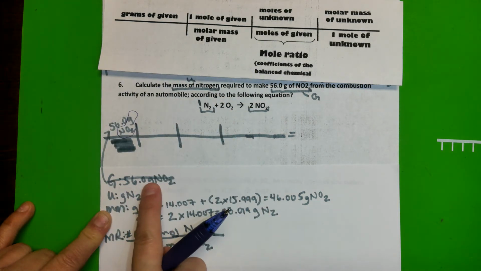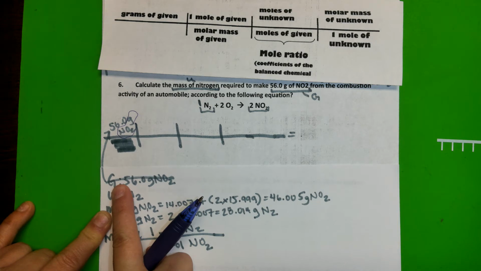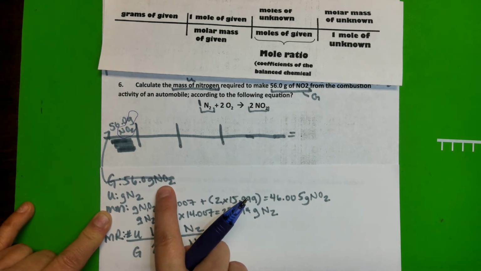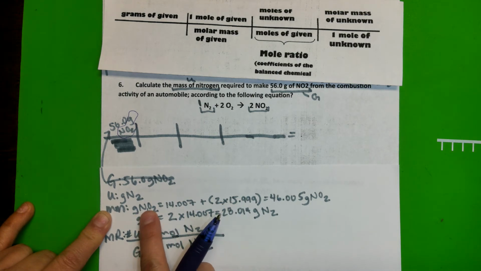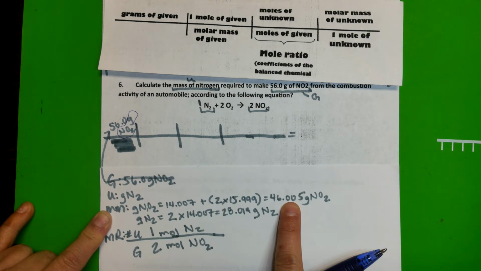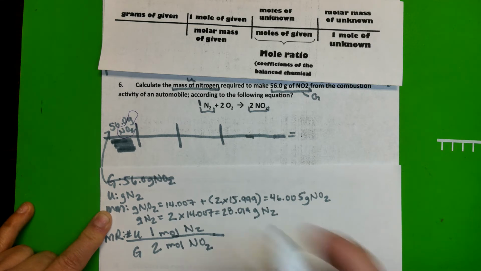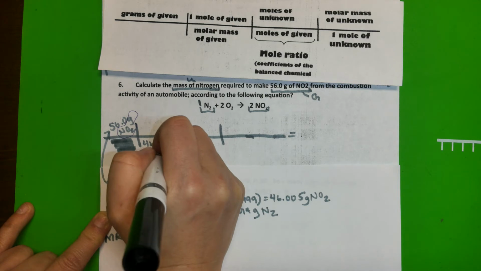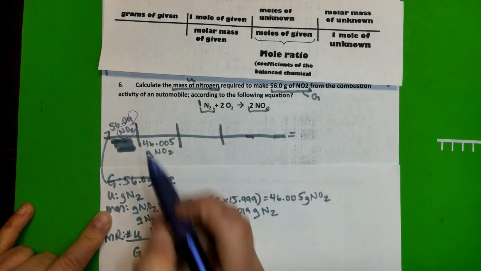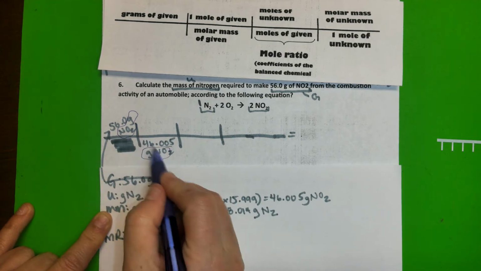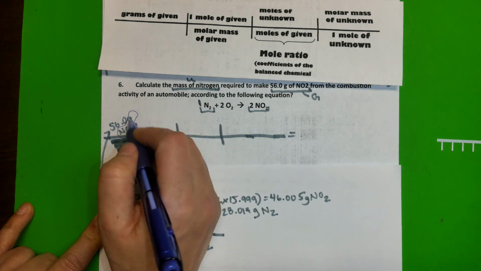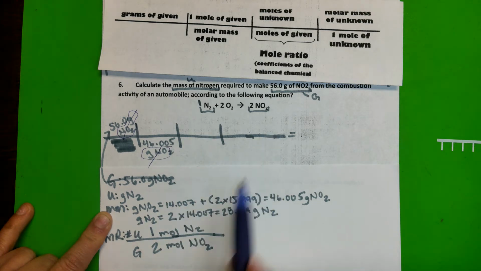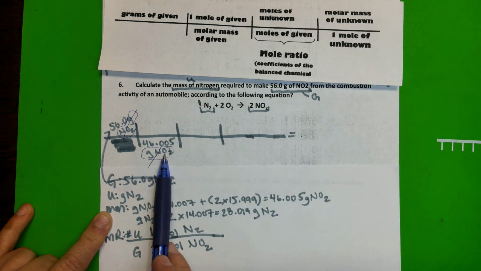Then here on the bottom, it says molar mass of the given, which is NO2. So that would be 46.005 grams of NO2. You see how these two are the same? It has to be the same, always. That's how you can tell which number to put in here.